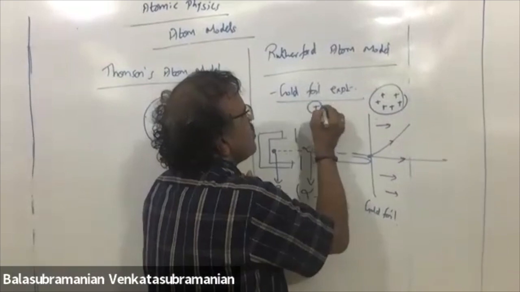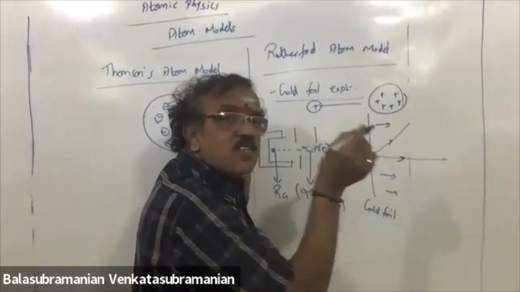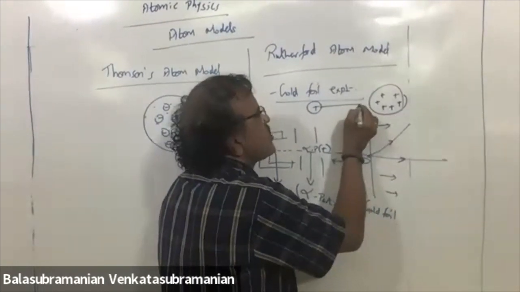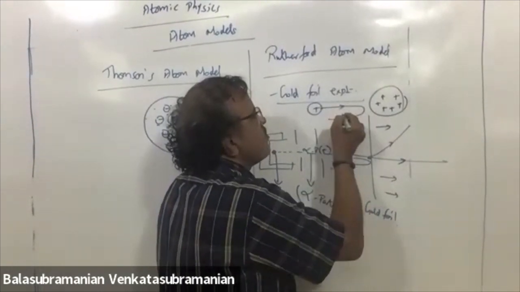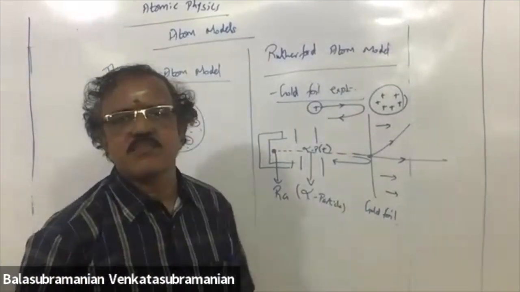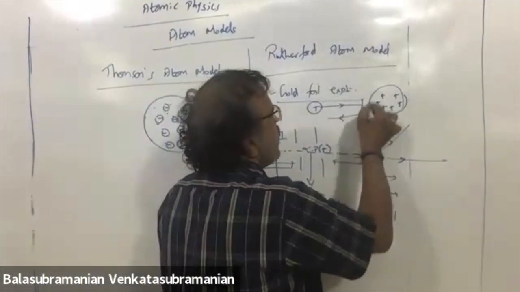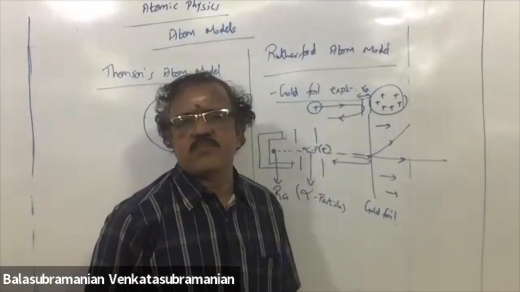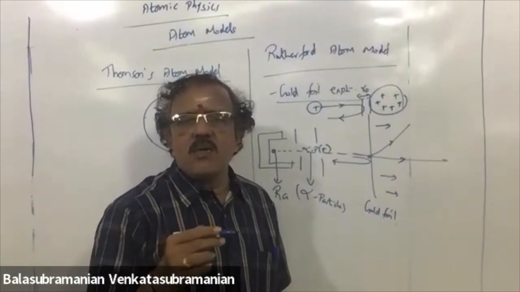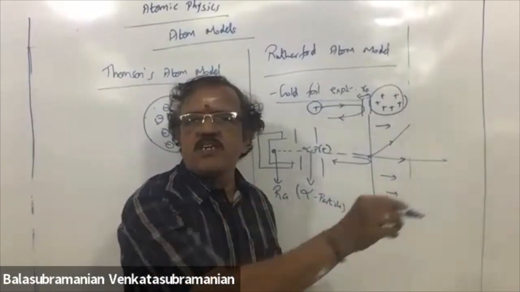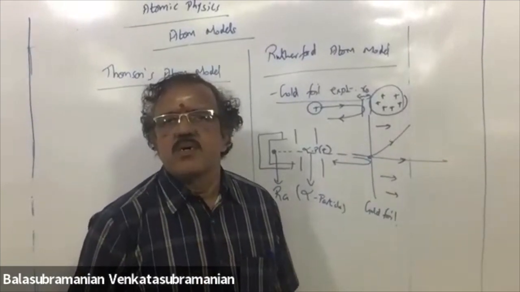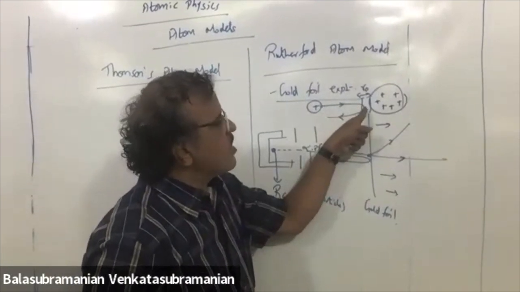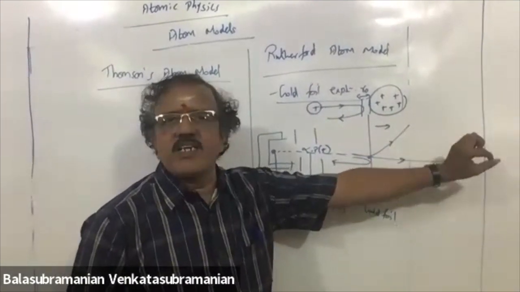Because of this positive charge, when the alpha particle is going, actually it is not hitting, it goes up to a small distance and then returns back. Actually, it is repelled. This we call the distance of closest approach. The alpha particle is moving in that beam up to a particular distance, so it has kinetic energy.